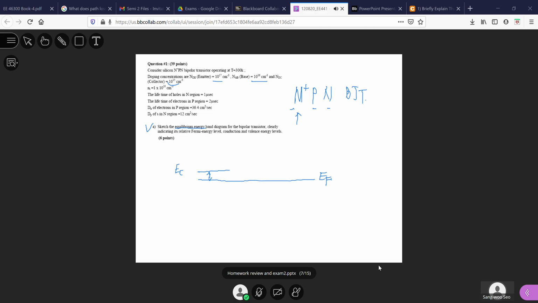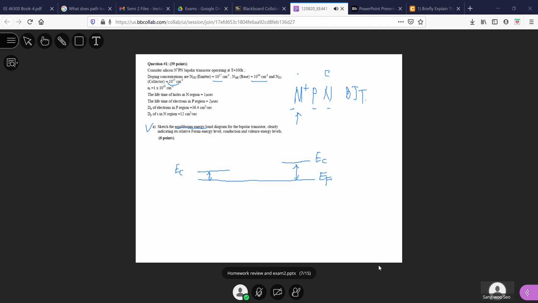For the collector side, which is N-type, if we draw the same EC, you have this kind of difference.